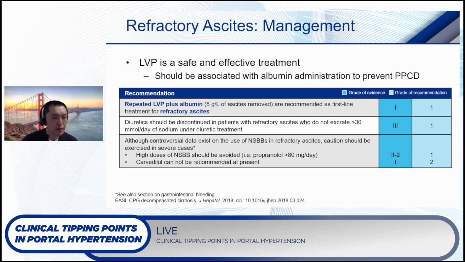Beta blockers are a little bit controversial in refractory ascites, and caution should be used in certain scenarios. So really, it depends on the patient, risk factors, etc., when thinking about whether to continue beta blockers in those with refractory ascites.